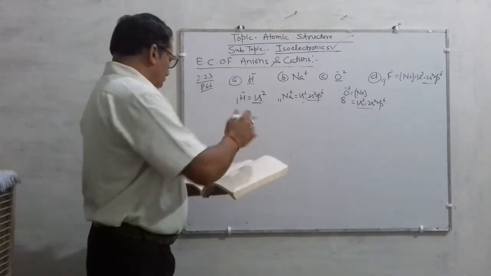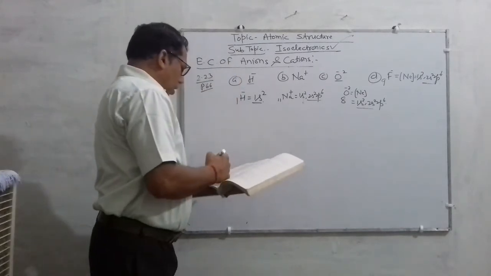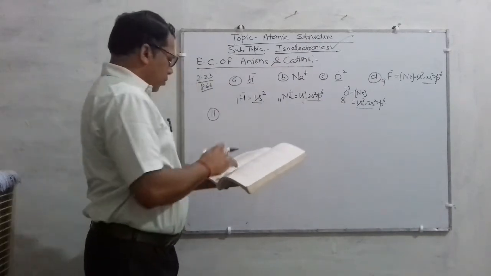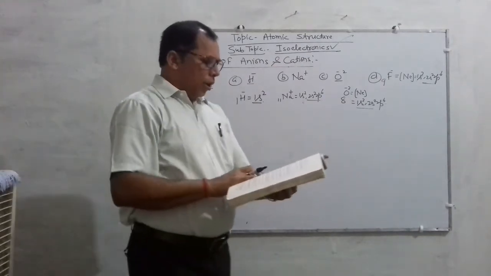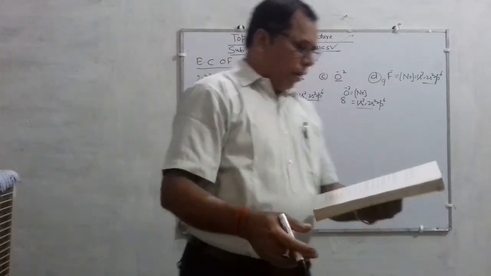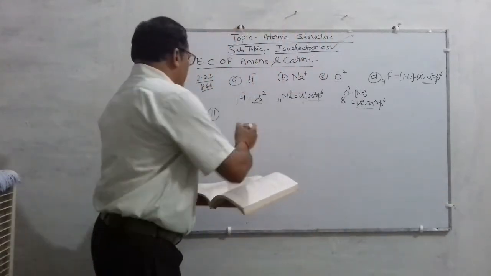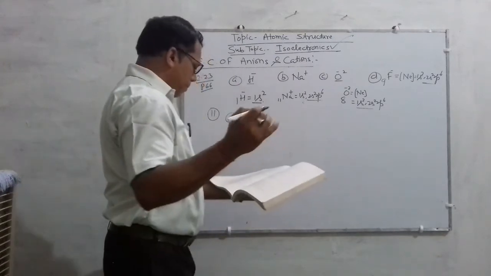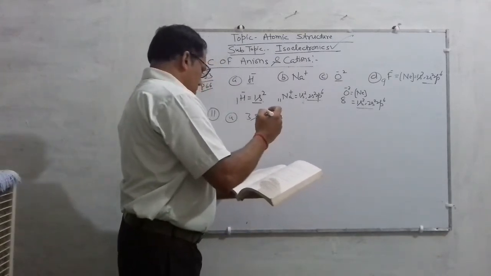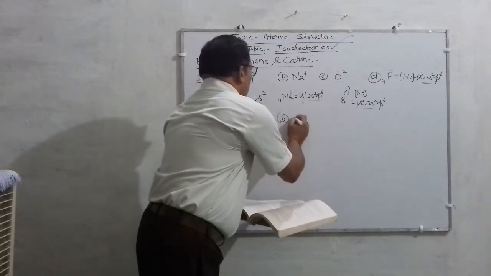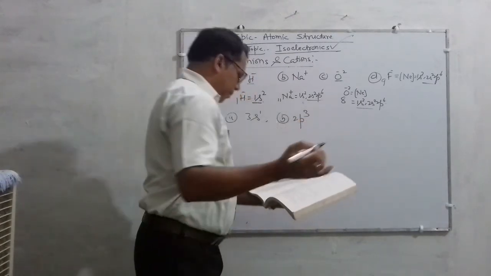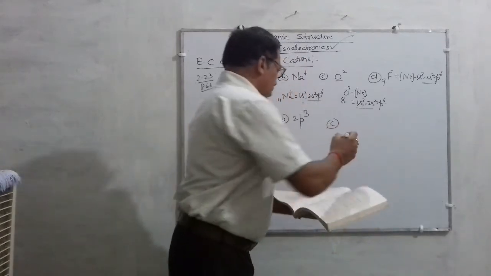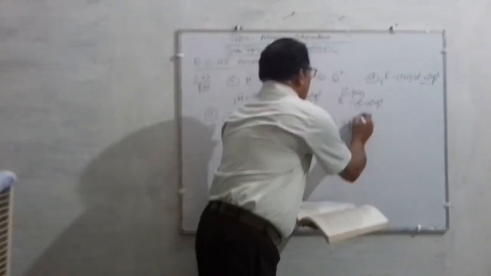Next is the same question, the second part. Question 23, second part: what are the atomic numbers of the elements whose outermost electrons are represented by A, 3s1, B, 2p3, and C, 3p5?